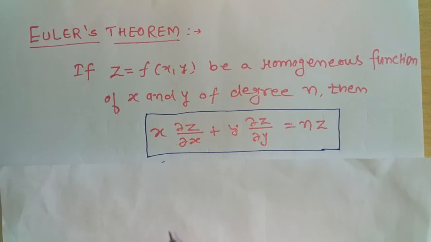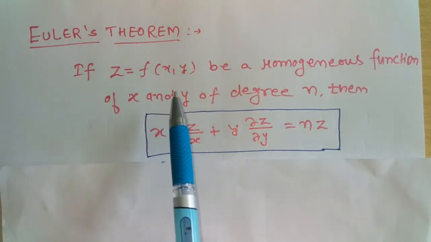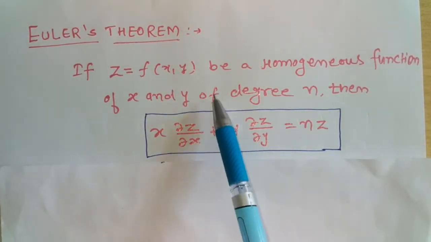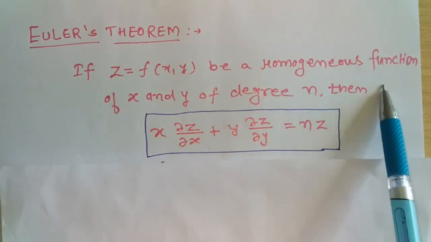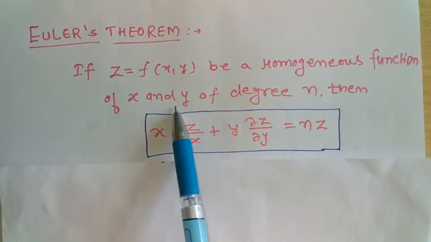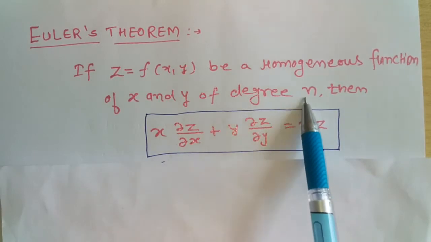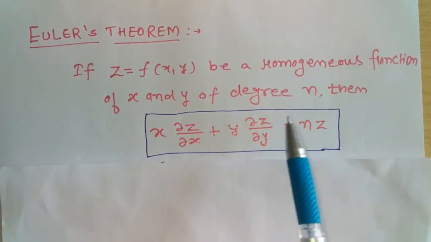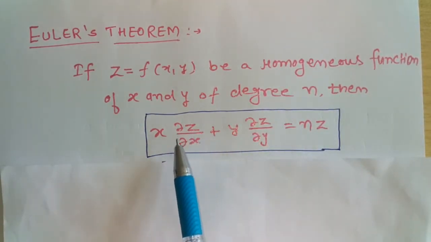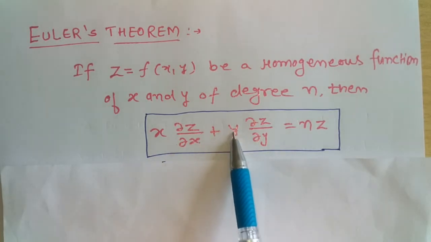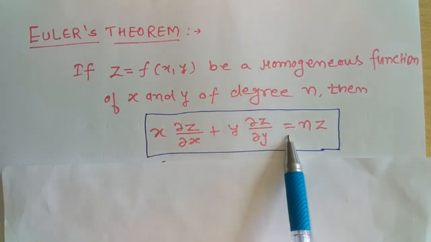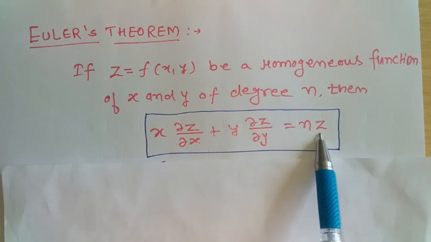if z = f(x,y) be a homogeneous function of x and y of degree n, then x ∂z/∂x + y ∂z/∂y = nz.